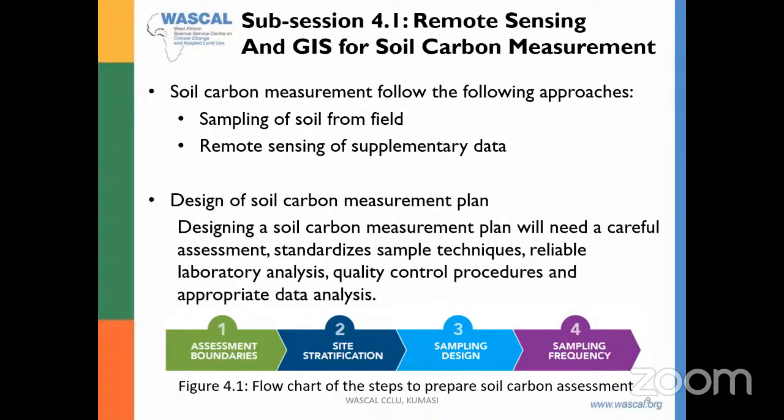With the measurement, Dr. Beza has spoken at length about that. I'll briefly go through some measurement plan, a flow chart that can be followed before we can assess soil carbon. The first is assessment of the boundary in which you want to consider the assessment, whether within a basin, within a farm area, within a district.